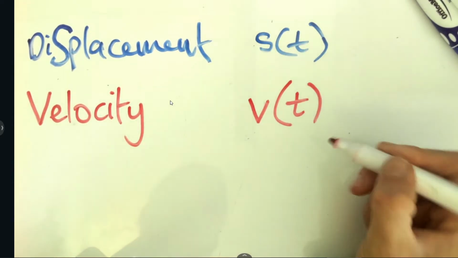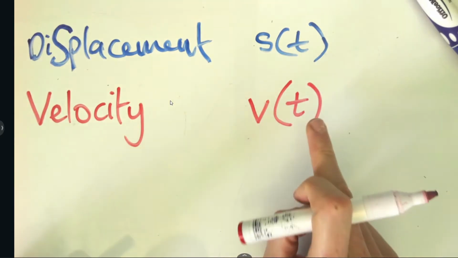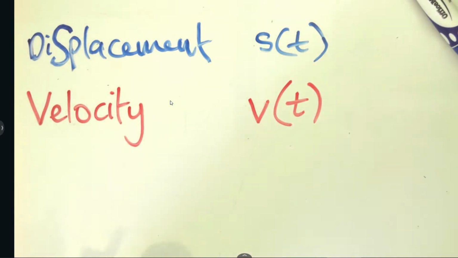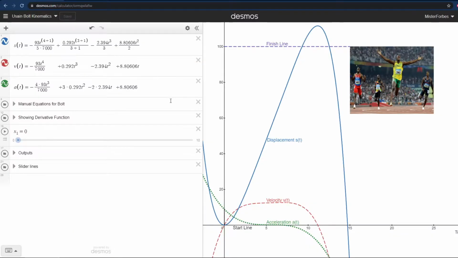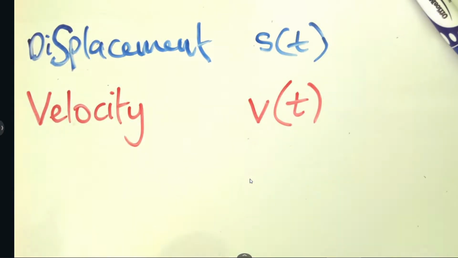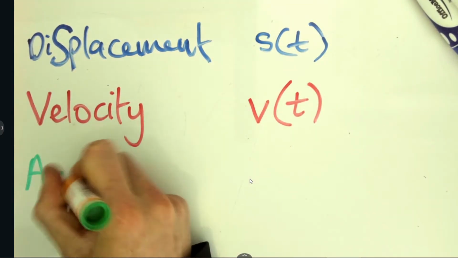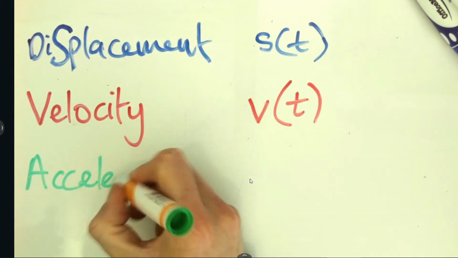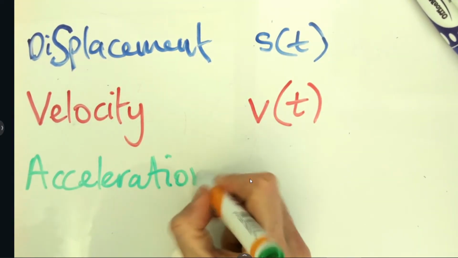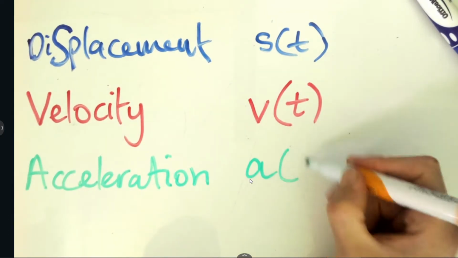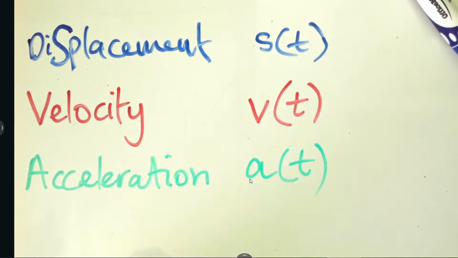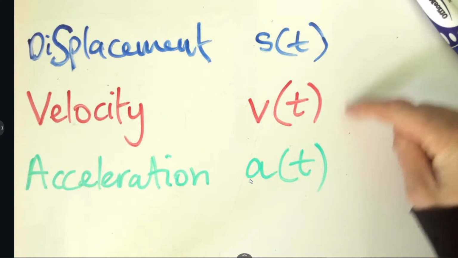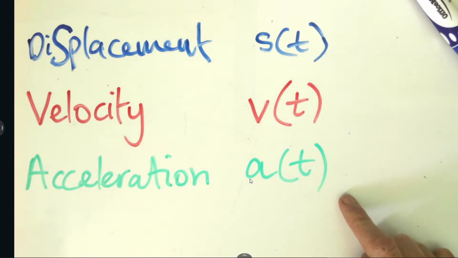That's going to be V of t. It's how fast you're running at what point in time. The next thing we've got here is acceleration. Don't worry, you get an A for this as well. So acceleration is going to be A of t. So these are the things in kinematics that we're having a look at.